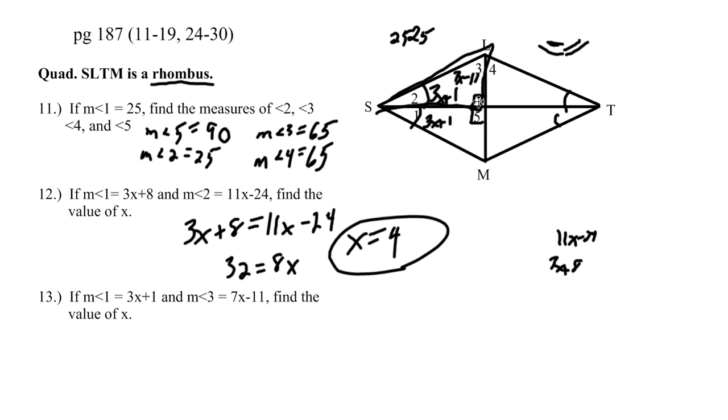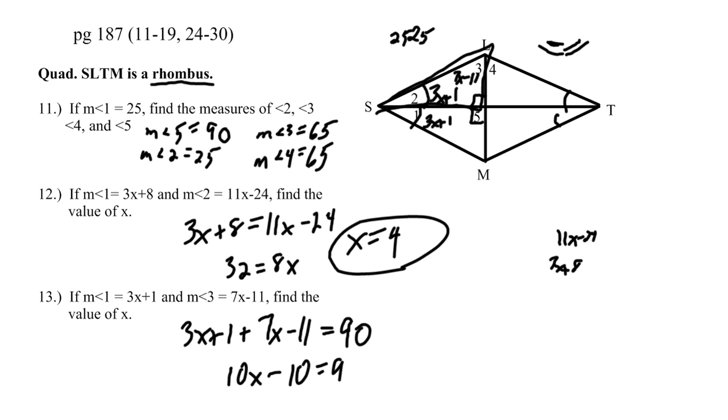So since we have 90 here, 3x plus 1 plus the 7x minus 11 should have a sum of 90 degrees because the acute angles of a right triangle are complementary. So we have 10x minus 10 equals 90, 10x equals 100, and up here, x equals 10.